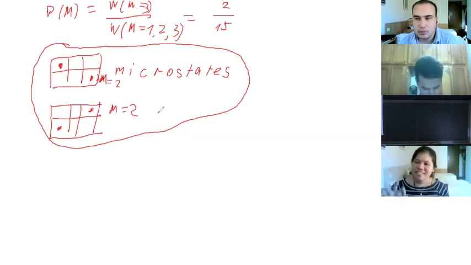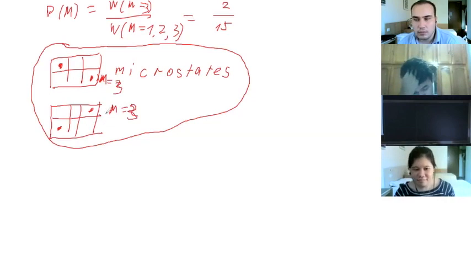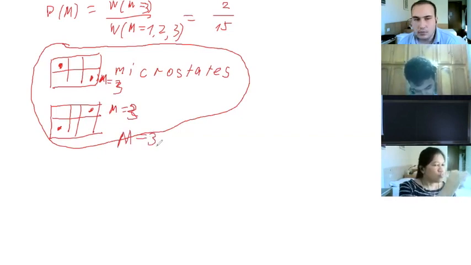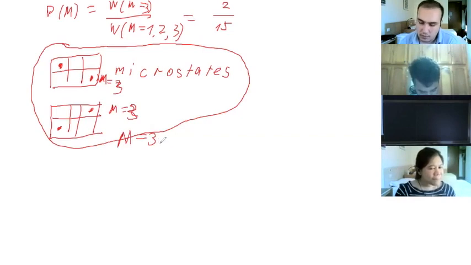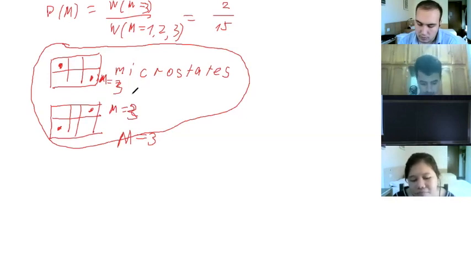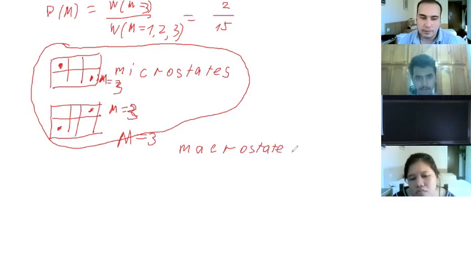And there are no other microstates in which you can find a distance equal to 3. Then I say that these two microstates compose one macrostate. So when I tell you that you observe a system to have Manhattan distance 3, but you don't know the microscopic realization, then a physicist says that I know that my system is in a macrostate. Is it clear? Okay, thank you.